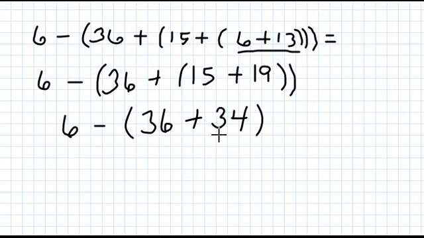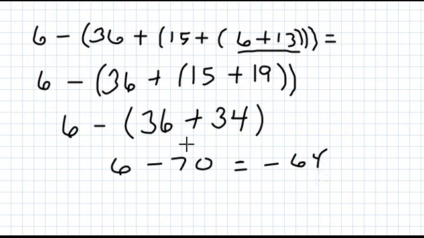Right, so this is 70. So we have 6 minus 70, and that's going to be equal to a negative 64. Hopefully I did the arithmetic right there.